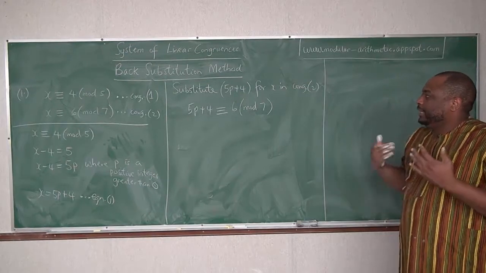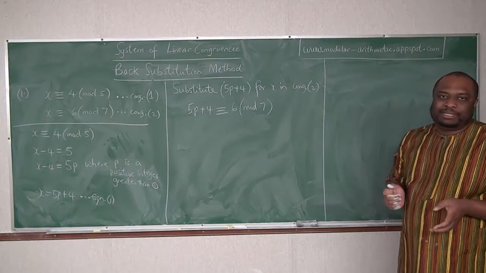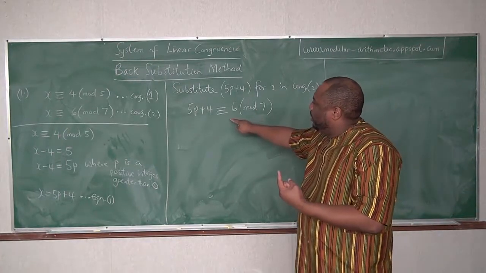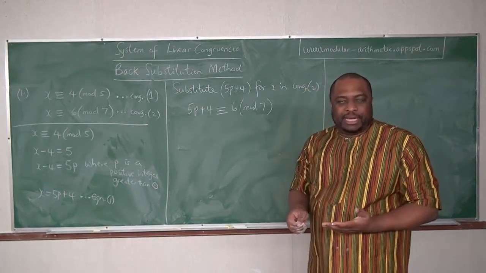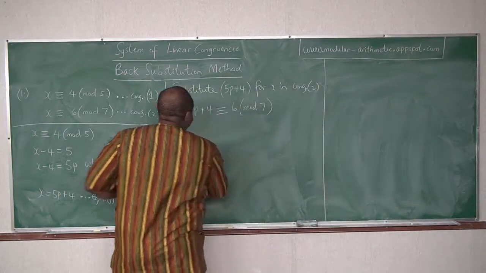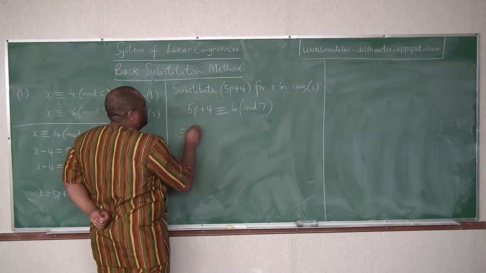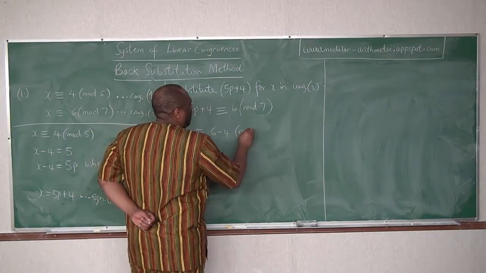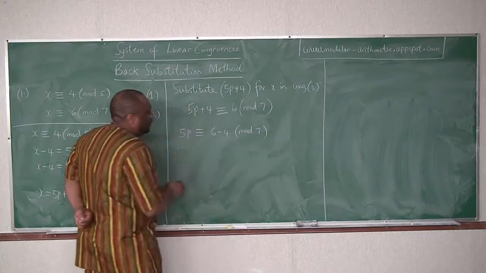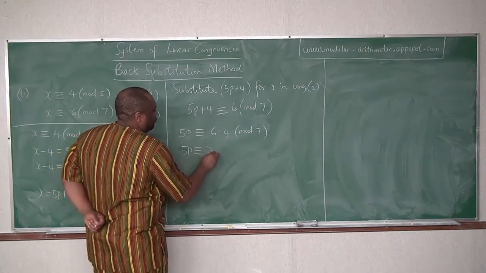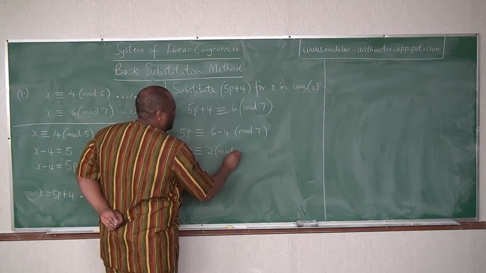Now, we subtract 4 from both sides. So 5p is congruent to 6 minus 4 in mod 7. So 5p is congruent to 2 in mod 7.